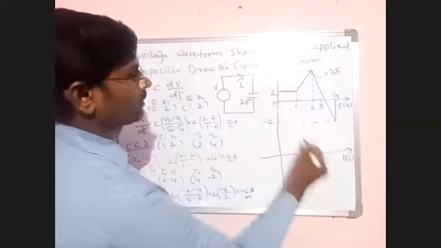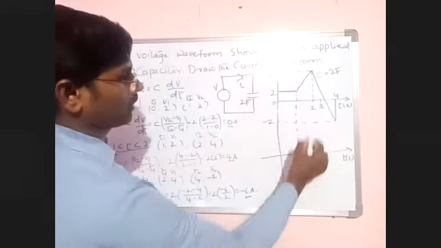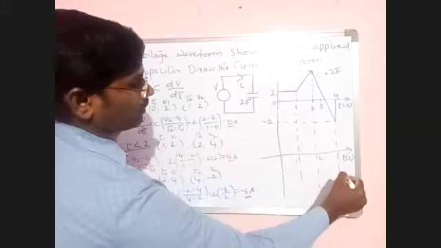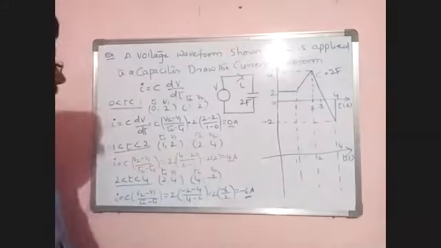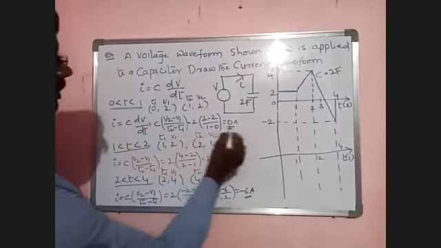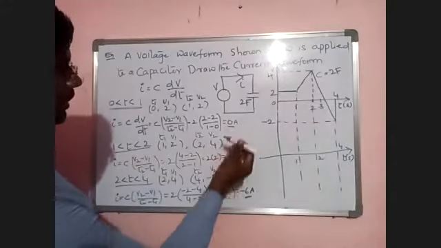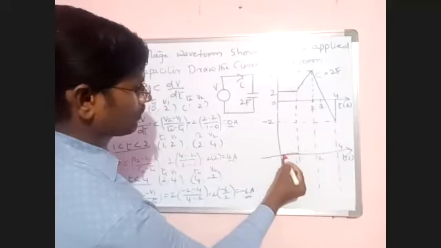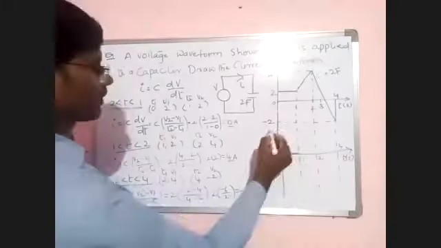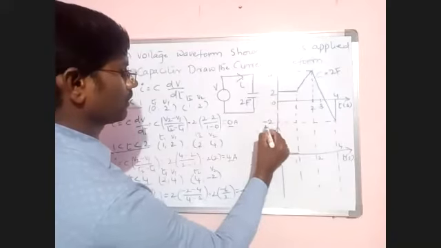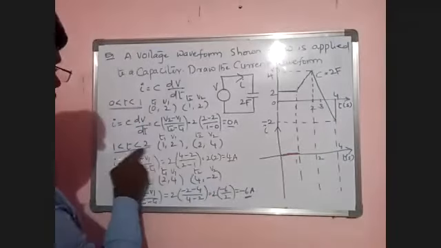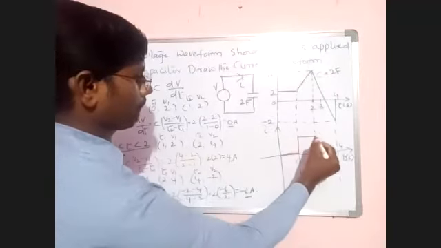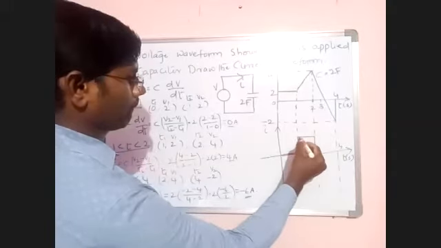T in seconds: 1, 2, 4. From 0 to 1, it is 0 amps. It is V and I. From 1 to 2, it is plus 4.